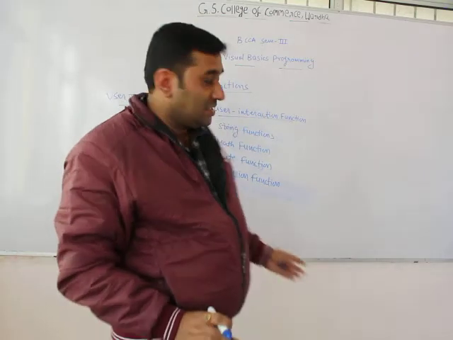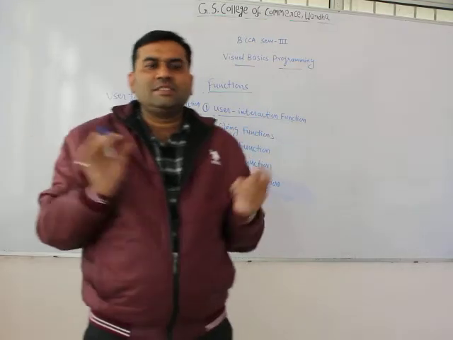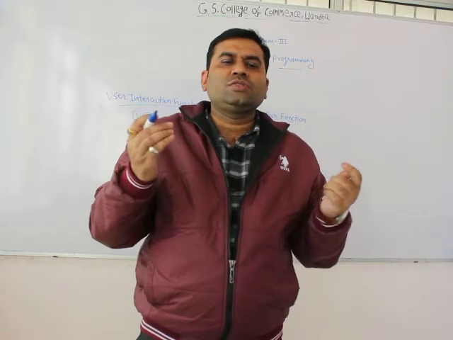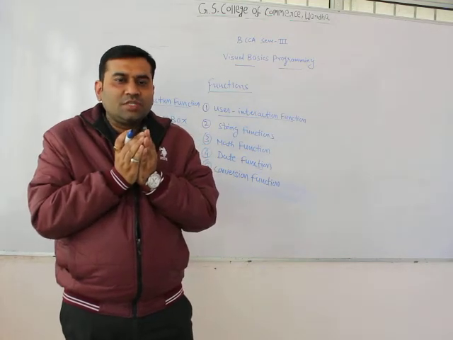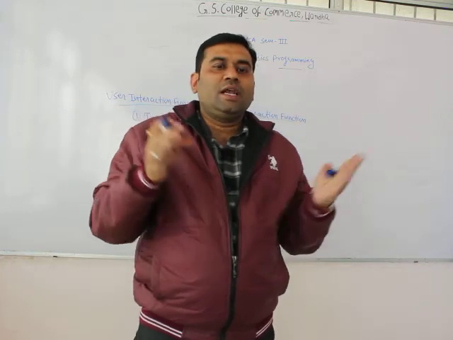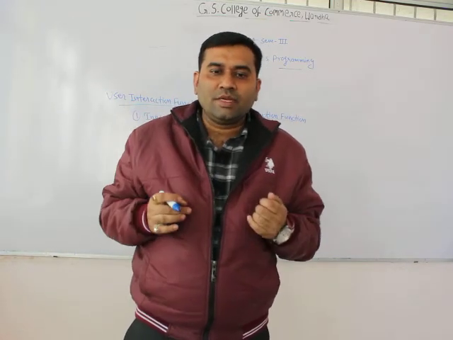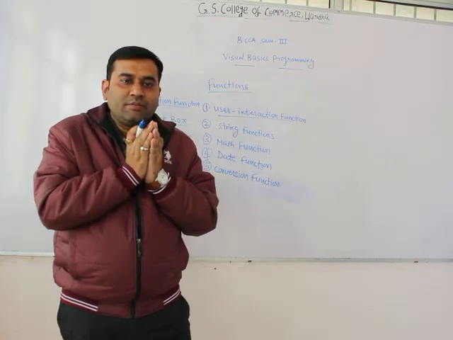Second is the message box, MsgBox. The MsgBox function is used to display message boxes. Message boxes are used in the application to provide different types of messages like warning message, confirmation message, error message, or just for displaying information.